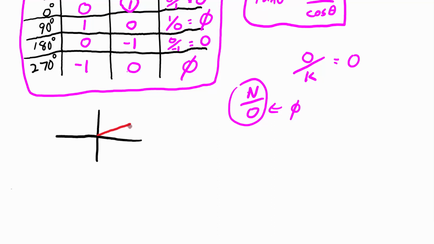Relatively close. That's not actually all that close, but let's say this is theta. And let's drop a perpendicular. Let's call the adjacent side x and the hypotenuse r. Then what is the cosine of theta equal to? X over r, right? Everybody agrees with that, right?